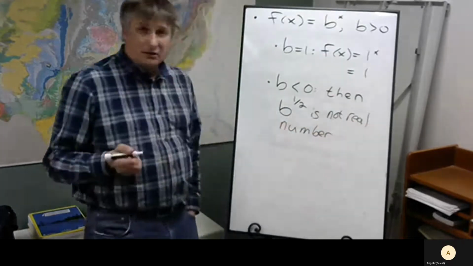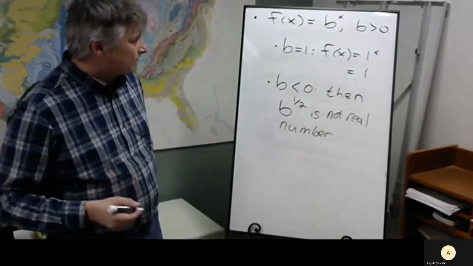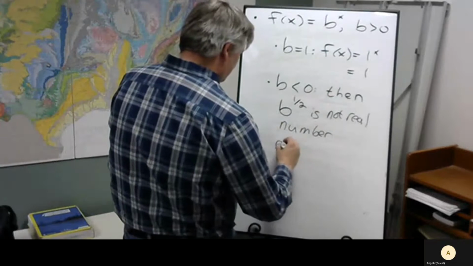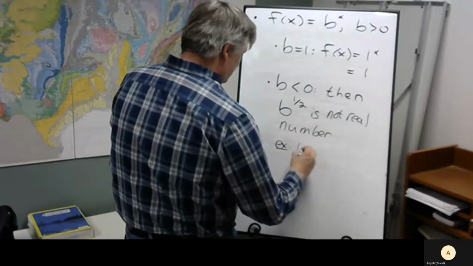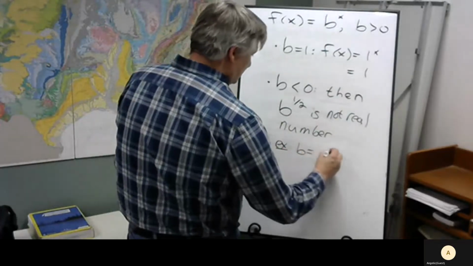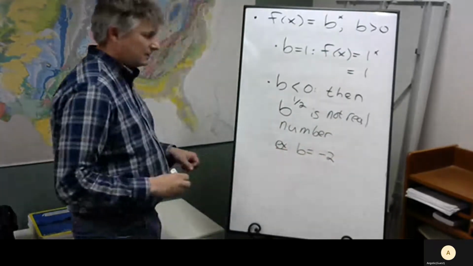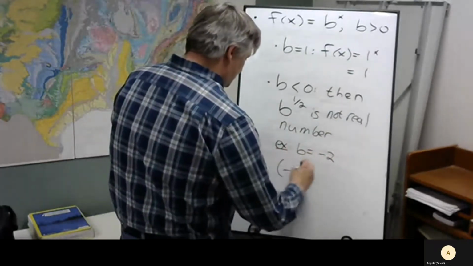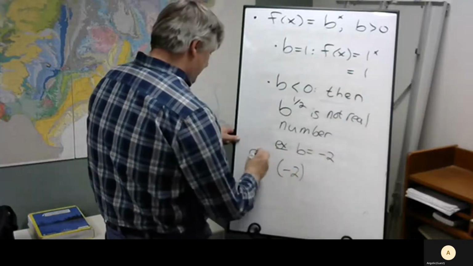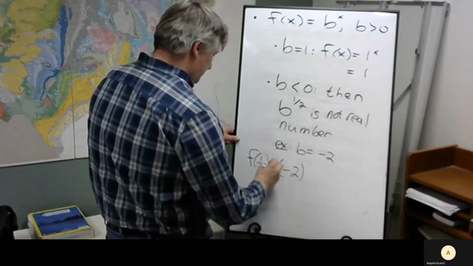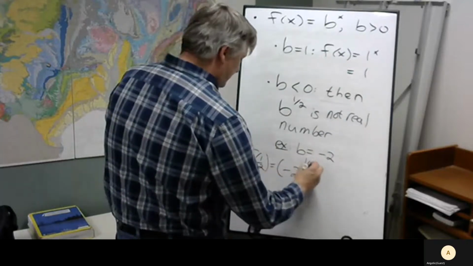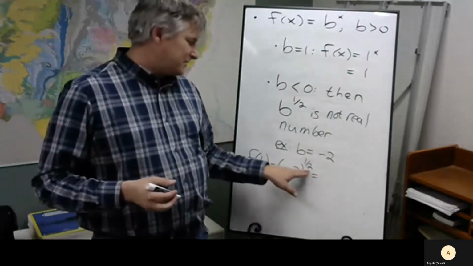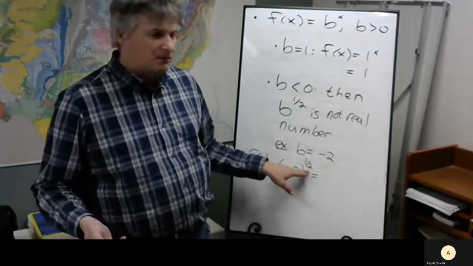I'll give you an example to illustrate. If we let b equal -2, then f of 1/2 would be -2 to the 1/2. And this is what we mean by an even root.